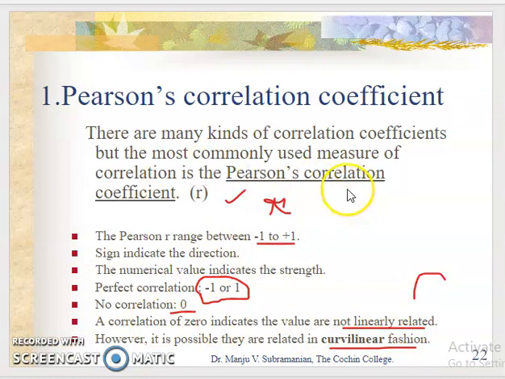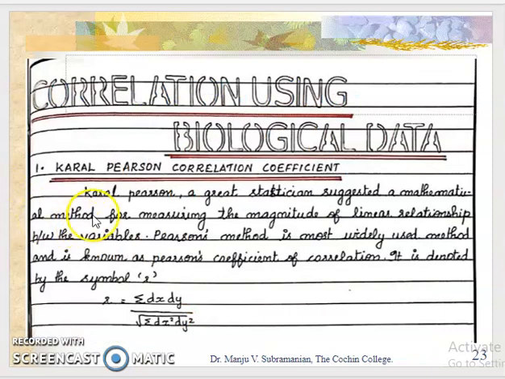Okay, so the Pearson correlation coefficient. In biological data, if you want to find the relationship between variables, we use a method called the Pearson method, and by using this formula, R is equal to sigma dx dy divided by the root of sigma dx square into sigma dy square.